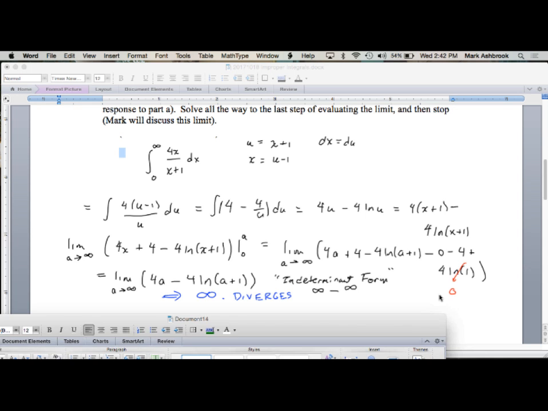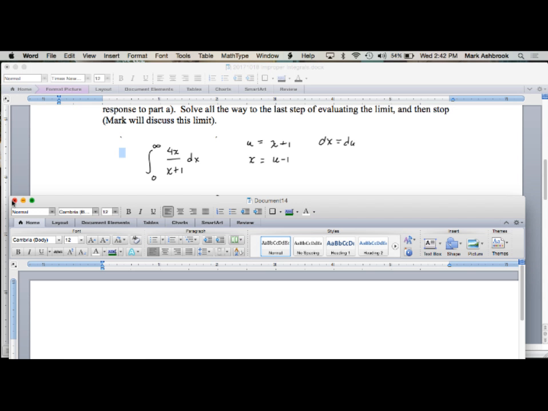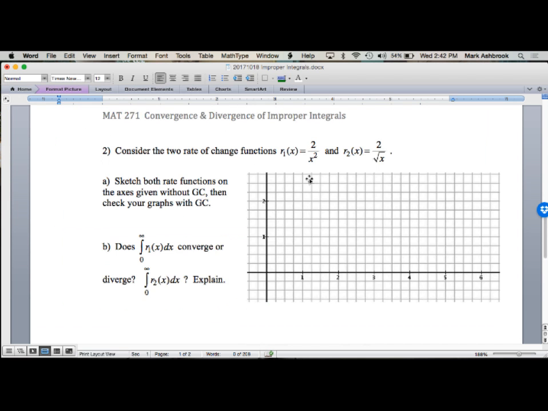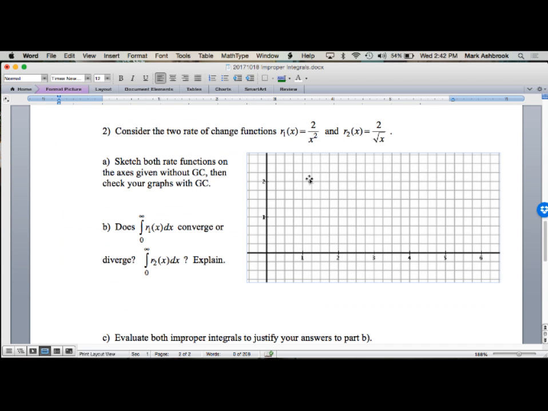Okay, page 2. The gist here is that the 2 over x squared is going to decrease rapidly, and the 2 over radical x is going to go to 0.